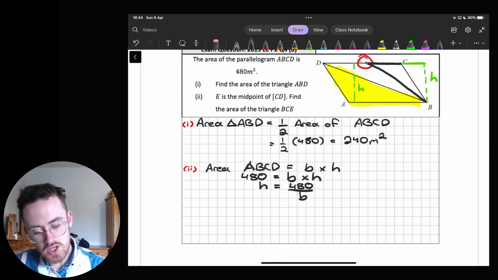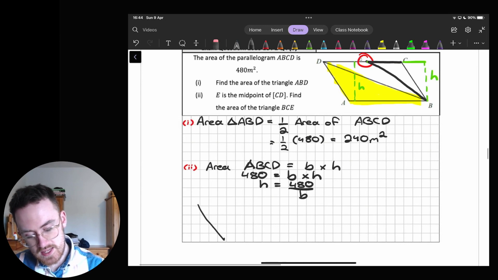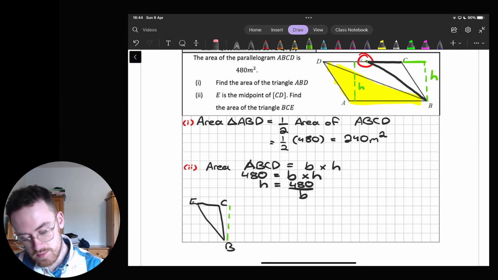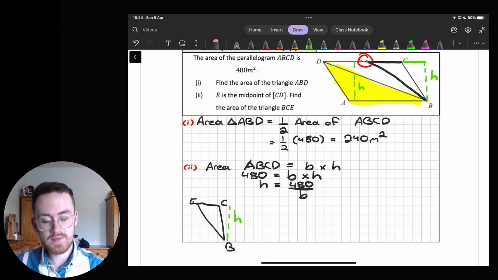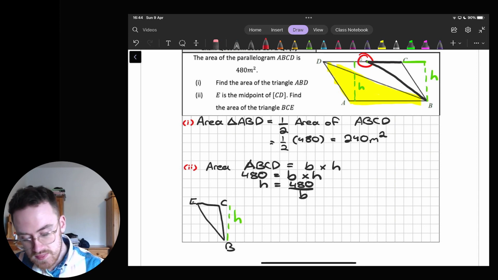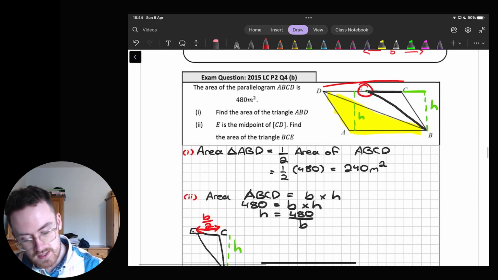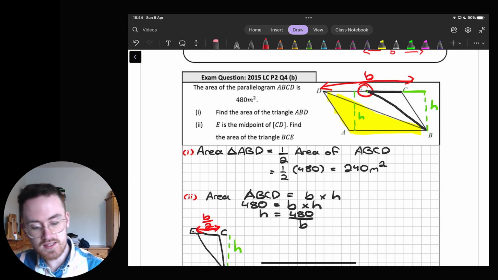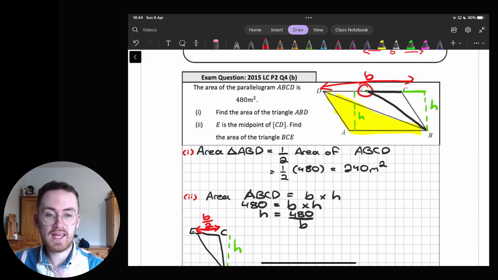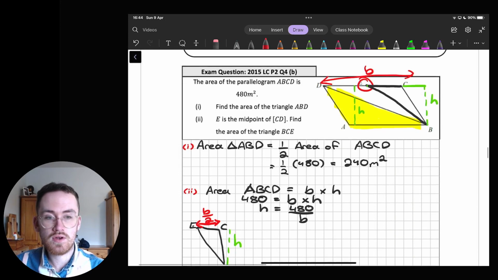So looking at my triangle CBE, if this is E, this is C, and this is B, let's relate what we're looking for. Our perpendicular height is going to be the same here. This is going to be H. This distance here from C to E is actually half of the base. If we take my base to be this full distance, then the distance from C to E is going to be base over 2.